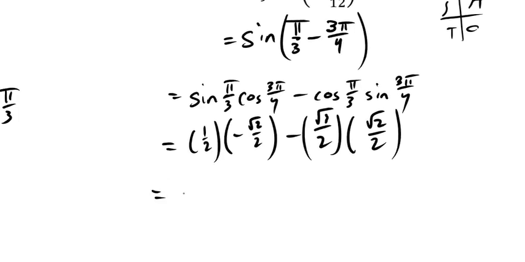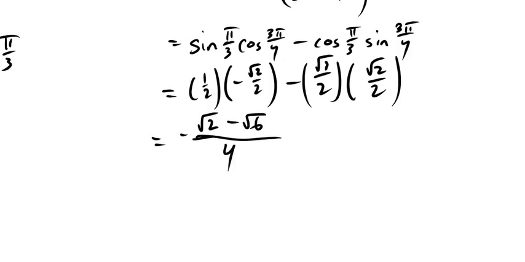If I simplify this, I get negative root 6 over 4 minus root 2 over 4. So that could be, factoring out the negative, negative root 2 plus root 6 all over 4.